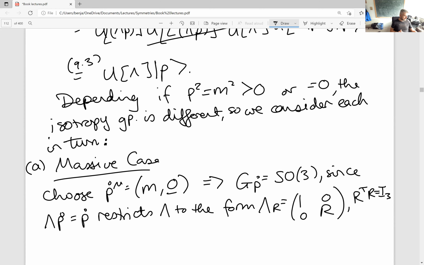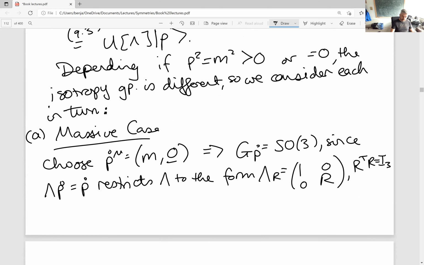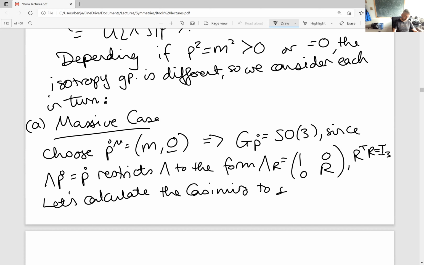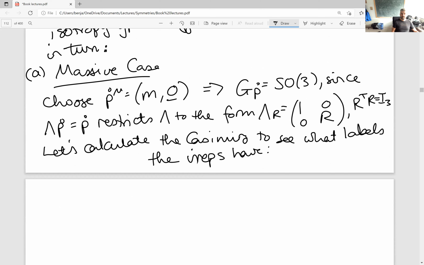Let's calculate the Casimirs now to see what labels the irreducible representations have. The Casimirs, remember, label the irreducible reps. So we have this Pauli-Lubanski vector, this 4 vector.